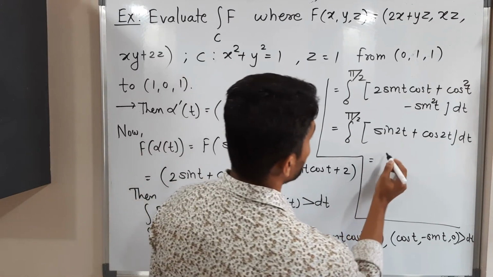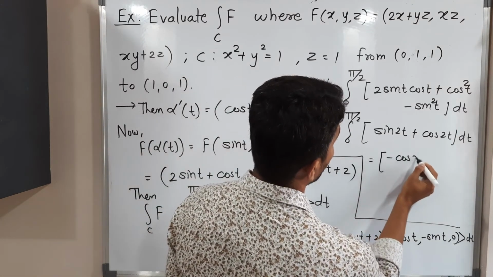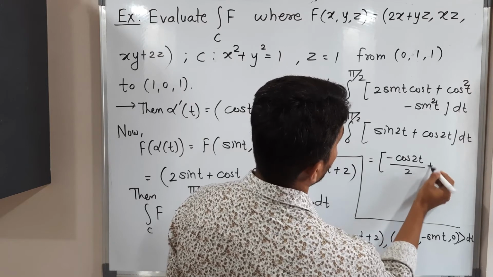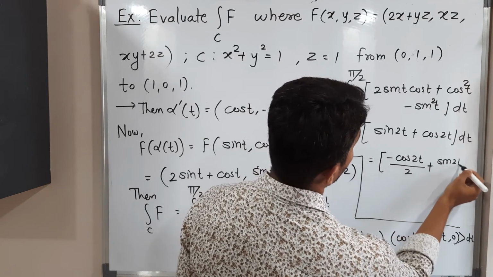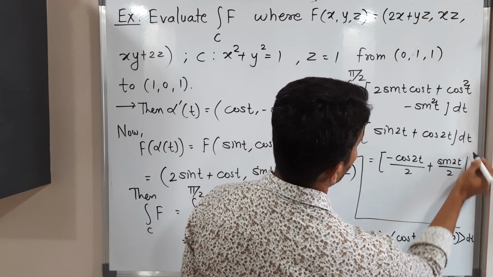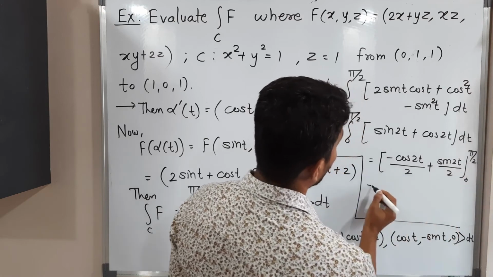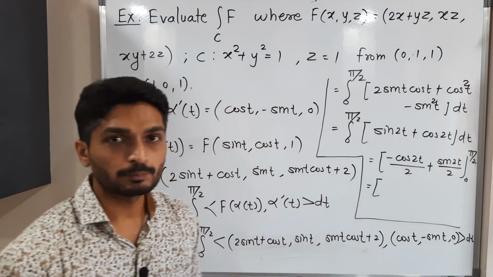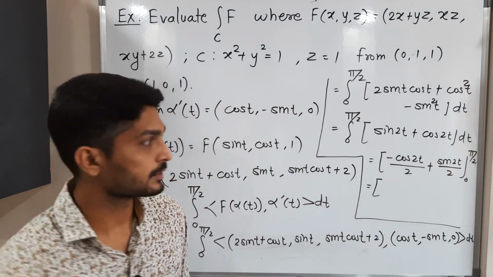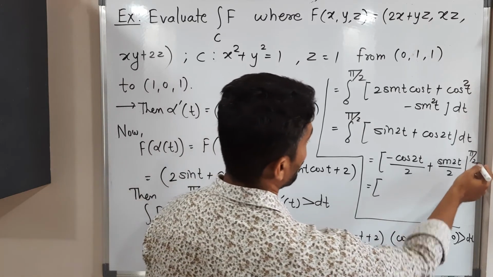What is this integration? Its integration is minus cos 2t by 2. Integration of cos 2t is sin 2t by 2, from 0 to pi by 2. Let us put upper limit pi by 2. I am solving directly, since it's very simple and many problems we have already solved.